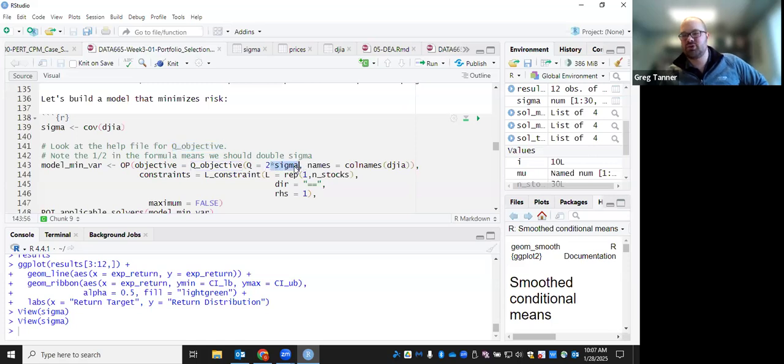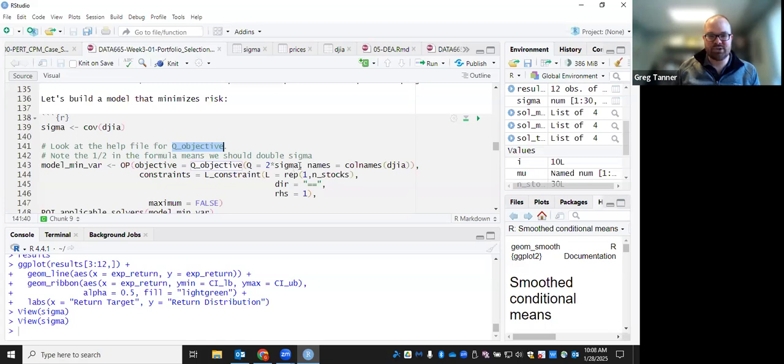Now, truly, if we minimize half the variance, it would give us the same optimal solution, but it would give us a different objective value that would be half as much. And so just be careful about reading help files whenever you're doing any sort of coding, and make sure that it's expecting its inputs in the same format that you're giving them in.